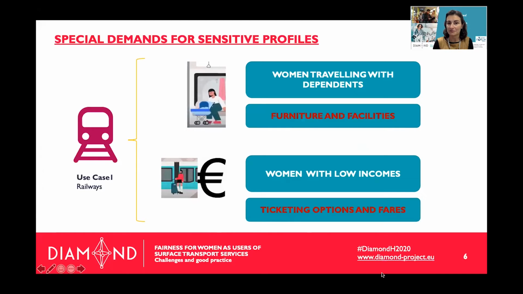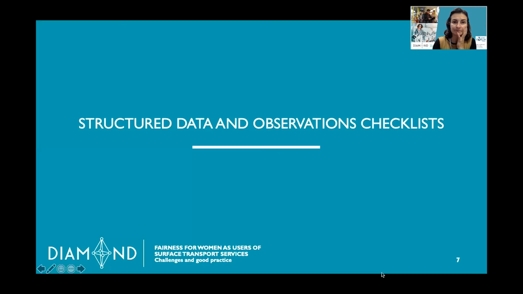For instance, we found that women traveling independently had higher up in their hierarchy of needs the way furniture and facilities allowed them to travel comfortably, while women with dependents, and women with low income, rated much higher the ticketing options and fares.